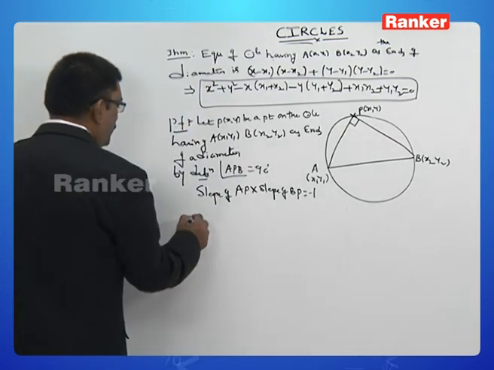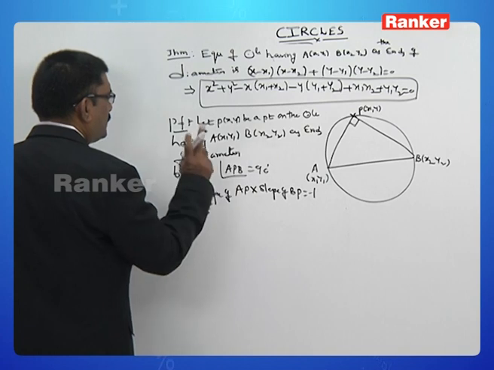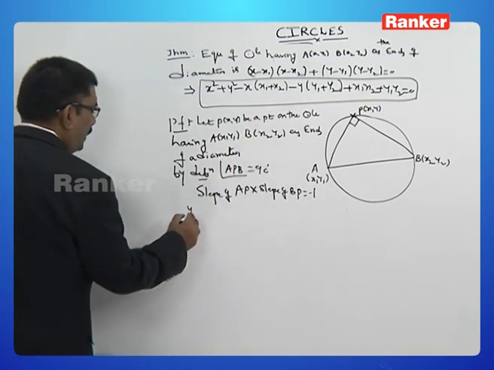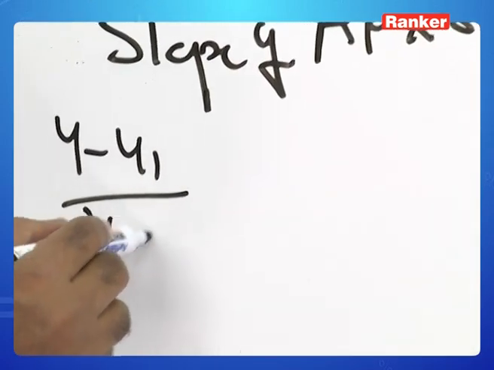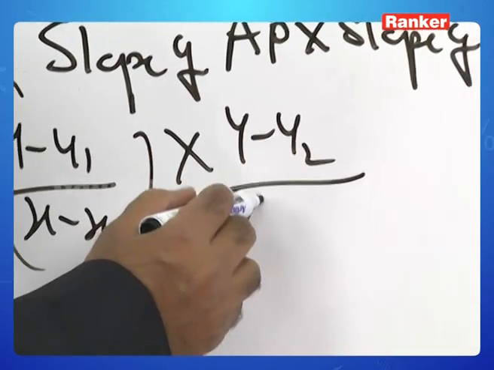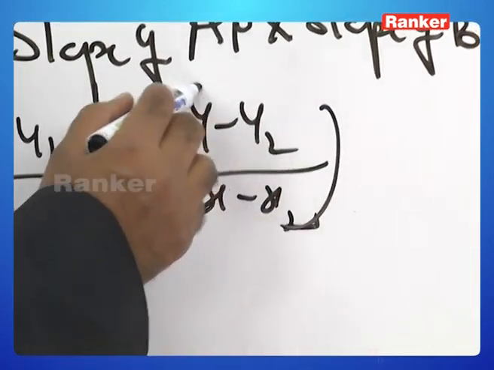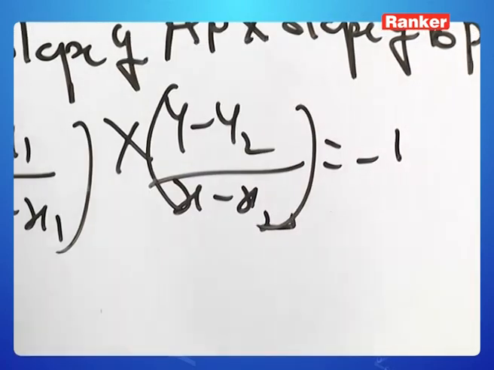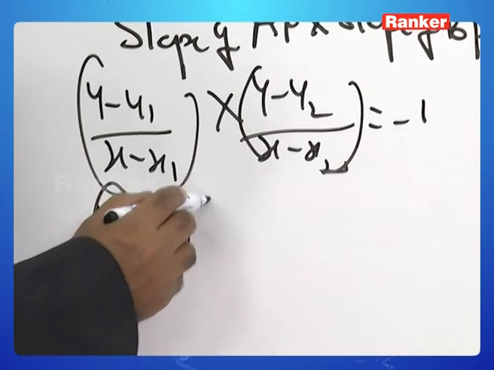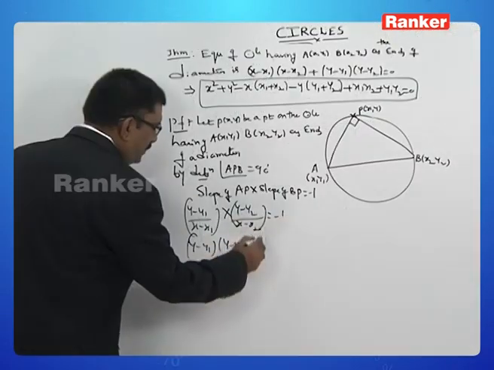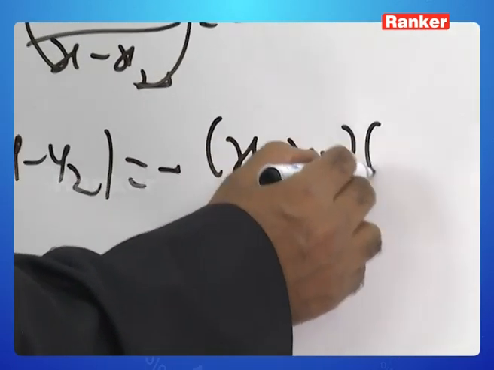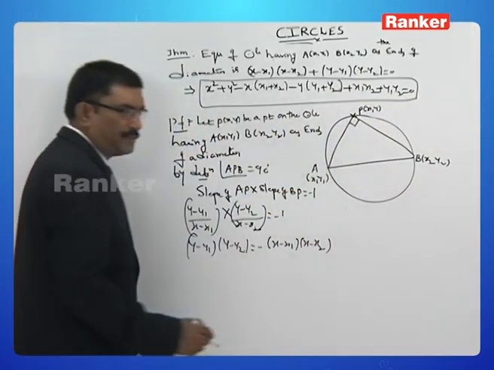So therefore, I can write the slopes: (y minus y1) by (x minus x1) into (y minus y2) by (x minus x2) is equal to minus 1. Cross multiply, you get (y minus y1) into (y minus y2) is equal to minus of (x minus x1) into (x minus x2).